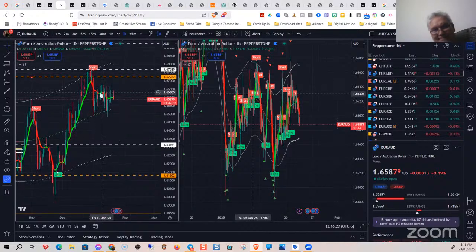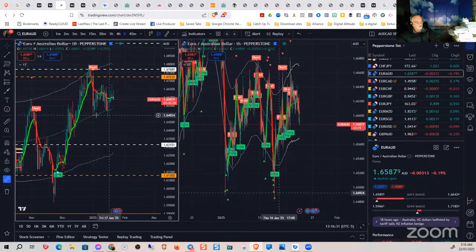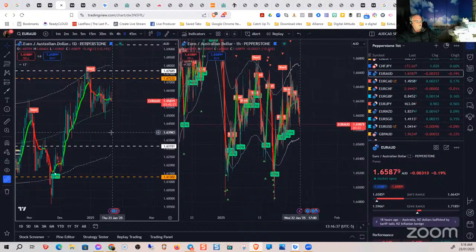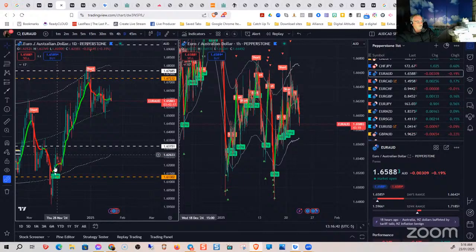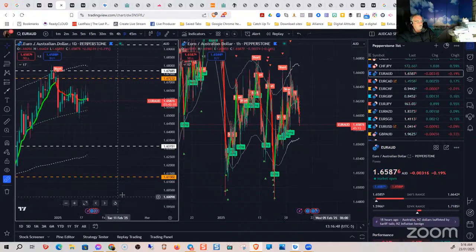It is a bit, isn't it, Peter? It's a bit sideways, but it is creating lower lows. Or it's just going to push off at some point, a bit like what it did down here or here, where it goes sideways and then off it goes. And I think that this is some of the news that's coming up.